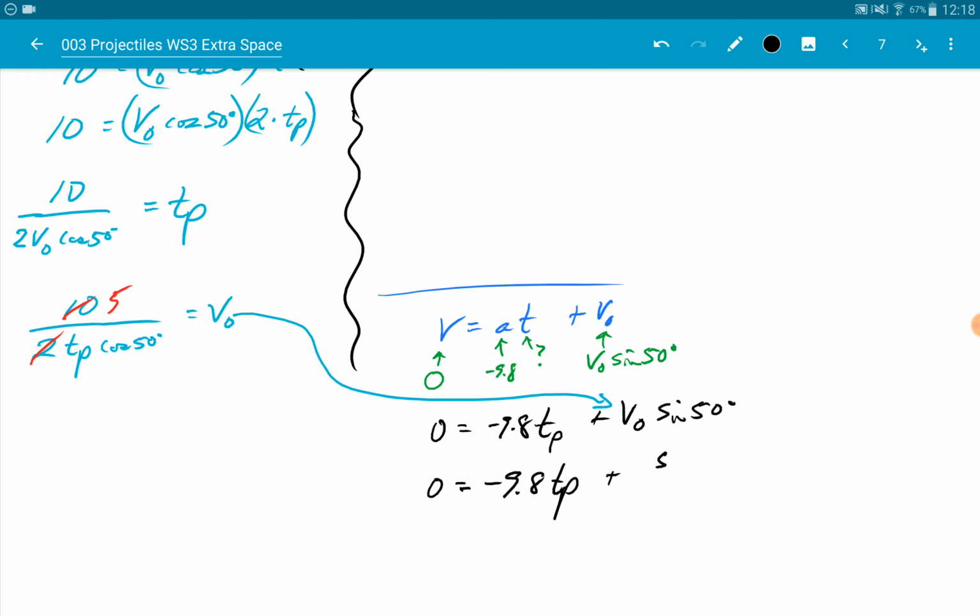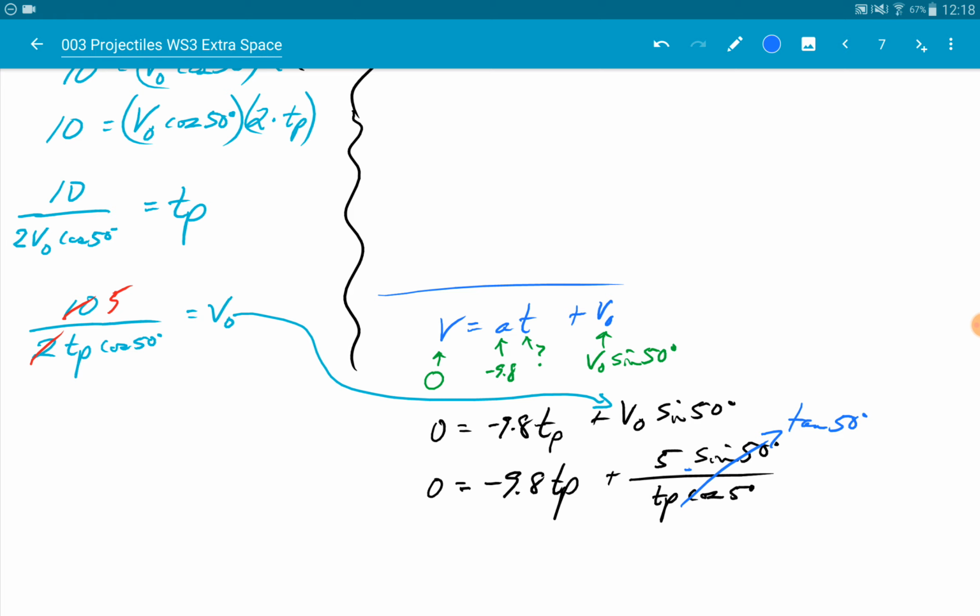So that's 5 times the sine of 50 degrees over TP times the cosine of 50 degrees. Okay, cool. So then I can just clean that up a little bit. Sine over cosine just gives me the tangent of 50 degrees.